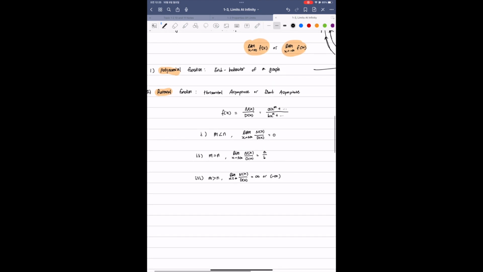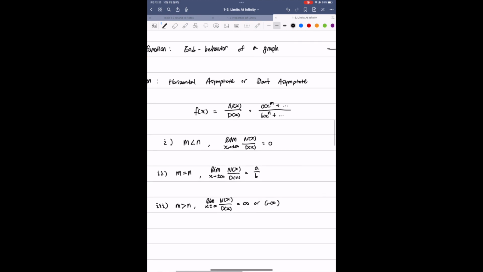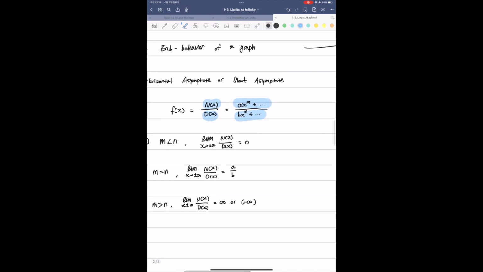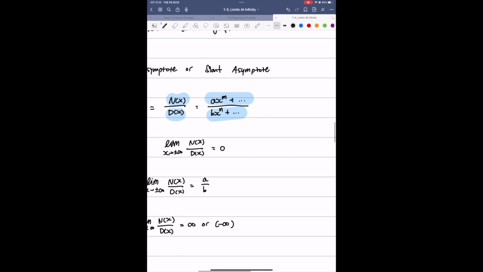So for the rational function, there are a few things that you need to memorize. They are the rules for horizontal asymptote or slant asymptote. Take a look at this. If there's a function, there's a numerator and a denominator, like here. If you're confused, I'll give you an example. This means that there's a random number, such as 2x, and then there's a power.